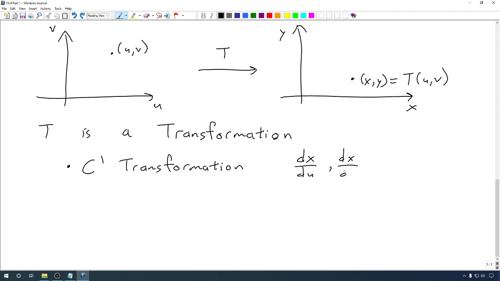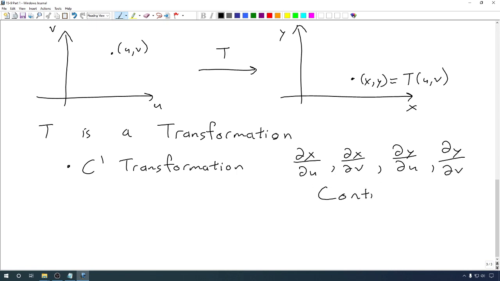Or I should write these as partial derivatives, sorry. So partial of x with respect to u, partial of x with respect to v, partial of y with respect to u, and partial of y with respect to v. These are all continuous functions. Not only do the derivatives exist, but they are continuous.